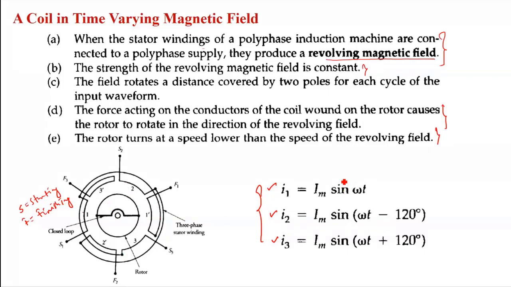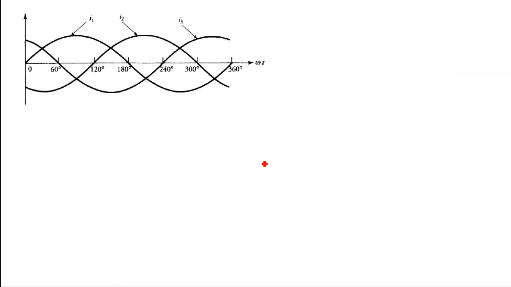And the nature of the flux will be exactly like the nature of the current, because it will follow the current. Whatever way the current flows, the flux will also be produced like that, exactly the same nature. So this is the current waveform, I1, I2, and I3, right?